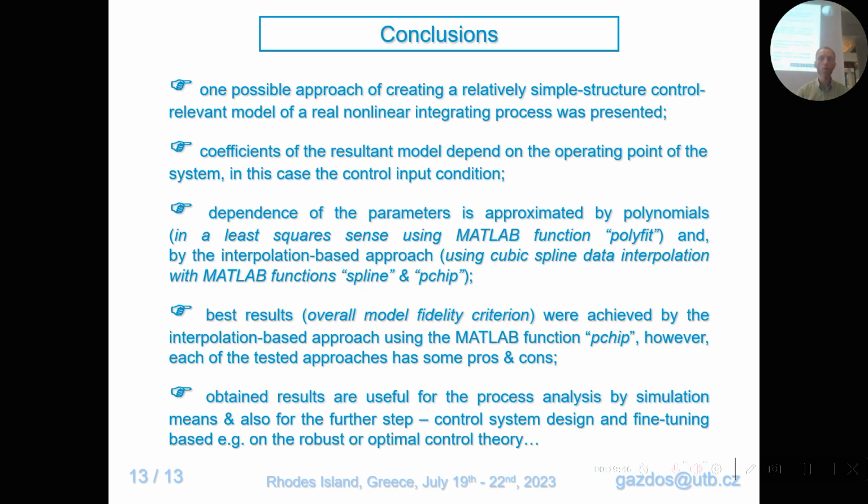What it is good for now: these obtained results are useful for the analysis of the process by simulation means, and mainly for the next step, control system design and fine tuning of the control system based, for example, on robust or optimal control theory, because now we have a range of the coefficients which is useful for example for robust control design or other optimal approaches.